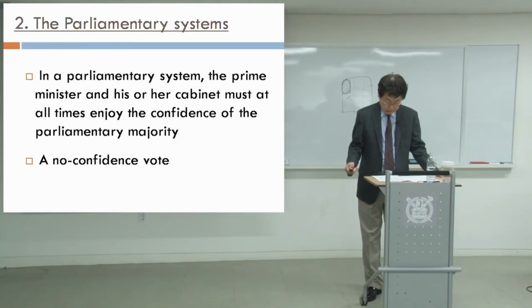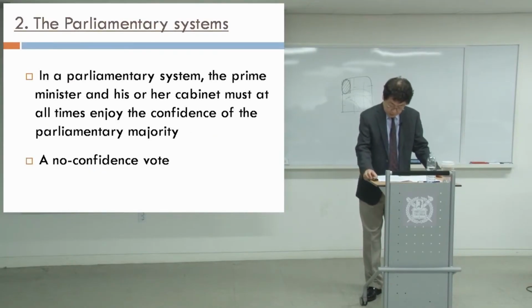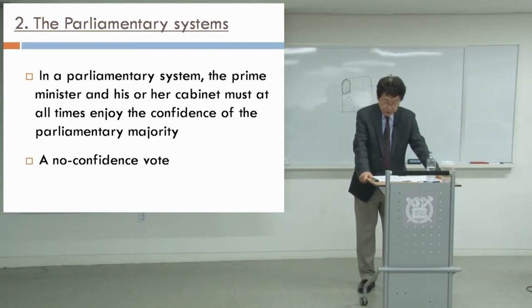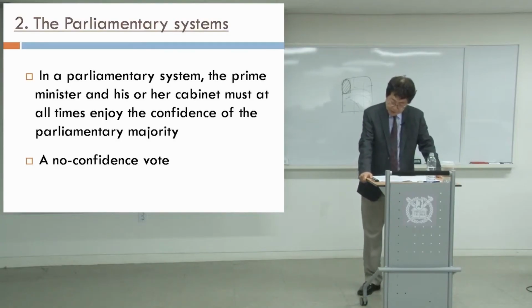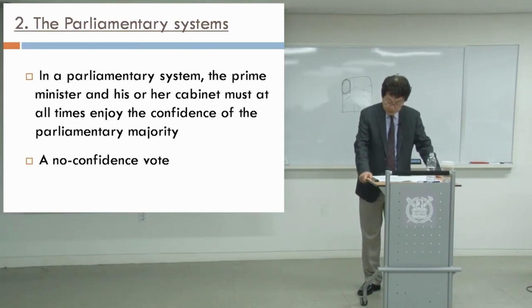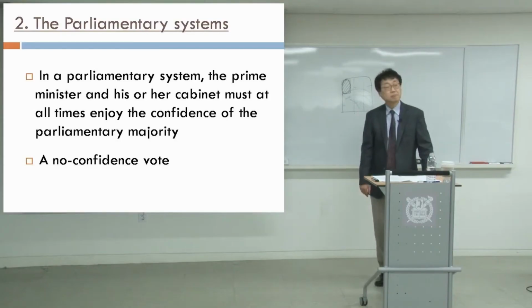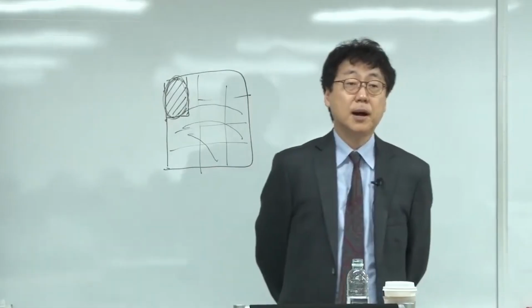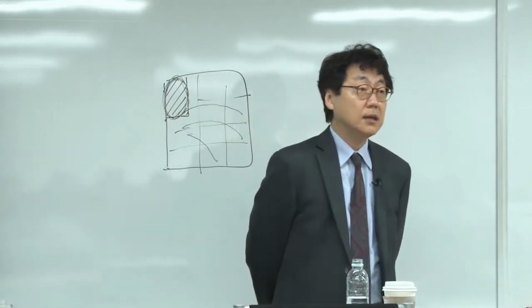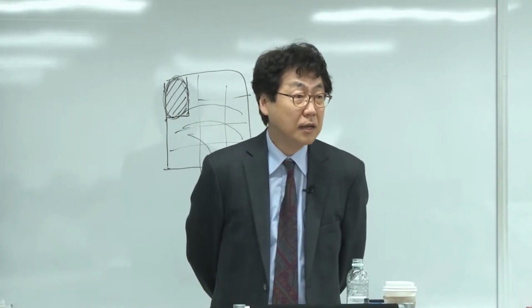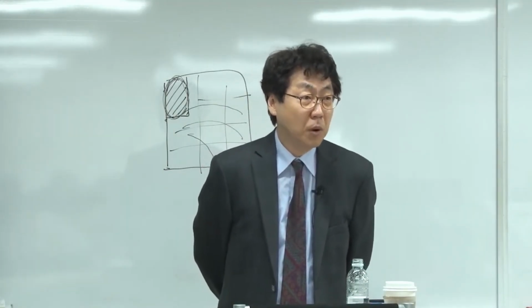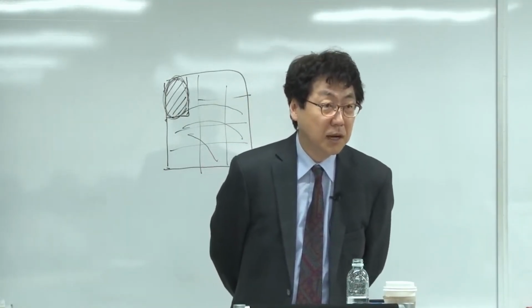Now, in a parliamentary system, the prime minister and his or her cabinet must at all times enjoy the confidence of the parliamentary majority. Now, if you think about it, they came to power presumably because they had majority support in the parliament, right?